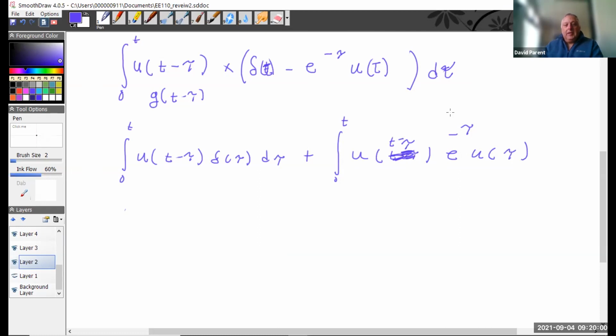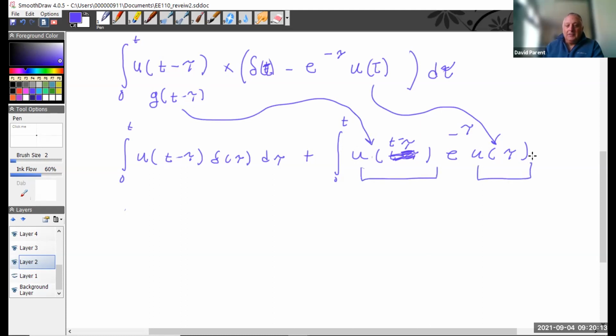I was right. So this u(tau) comes from there, and this u(t) comes from there. And so actually I've got two step functions multiplied by each other. But that's actually not that hard.